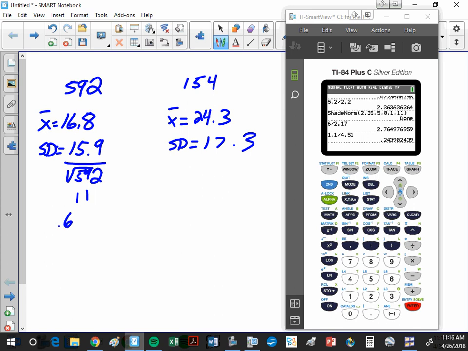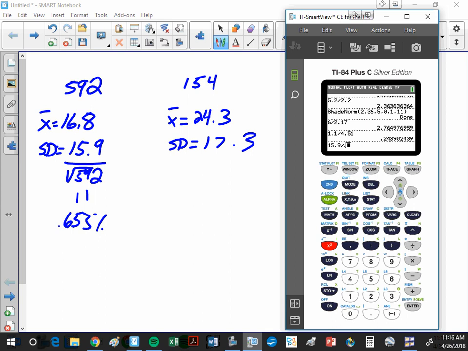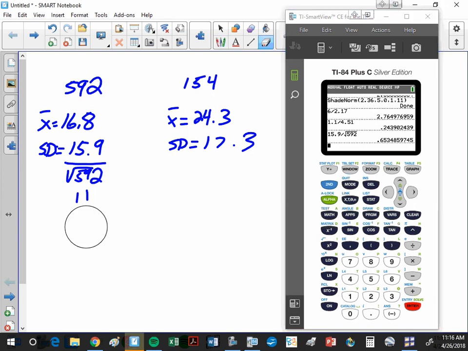So 0.653%. That seems off to me. The square root of 592. Oh, this is an average. Okay, sorry, I was trying to do percentage. So 0.653. Thanks, Colton. And what do you get when you divide this one by the square root of 154?